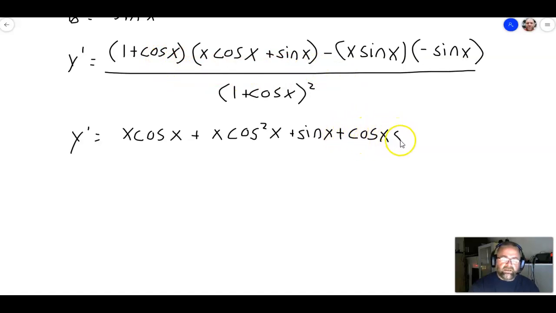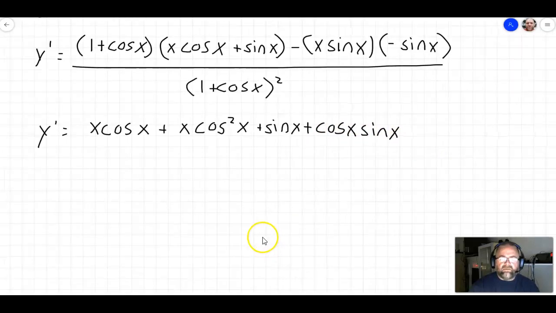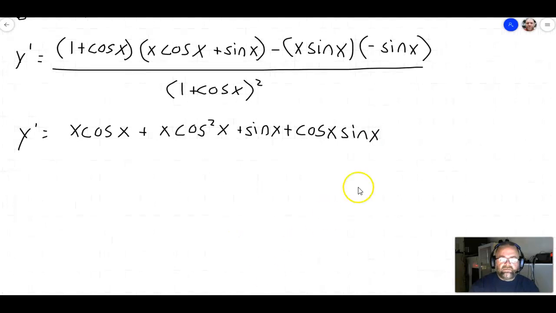I'm running out of room already. And this is going to be minus, but we have a negative there, so that becomes a plus. That's x sine of x times sine of x, which is x sine squared of x.